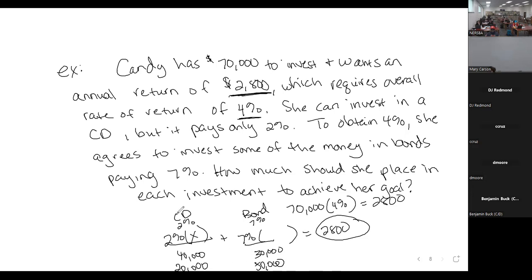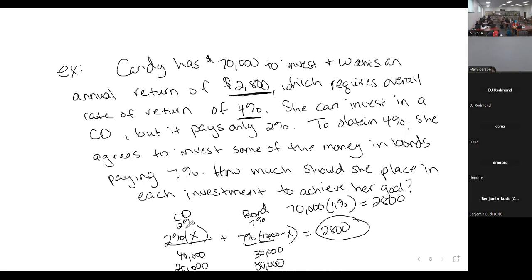But we don't know how much we're putting into the CD. So to find this amount, you take the 70,000 and subtract whatever you put in this one, which is going to be X. Does everybody understand this? This is what's a little bit complicated. We don't know how much we're putting in the CD, but we know whatever is left over from that amount goes into the bond.